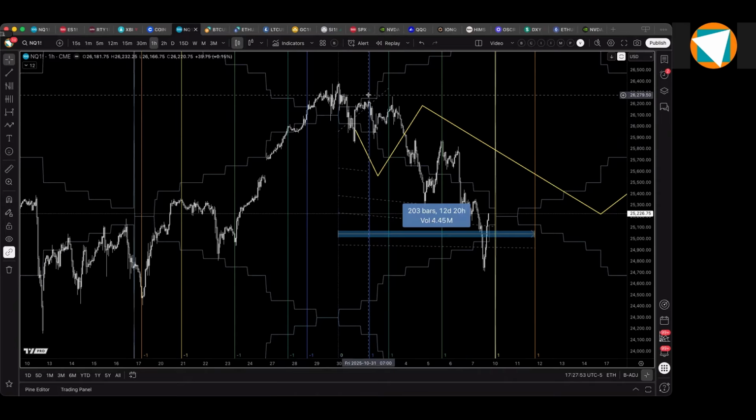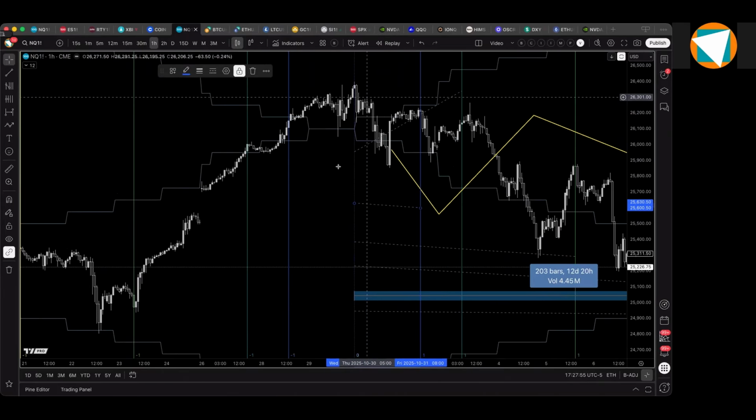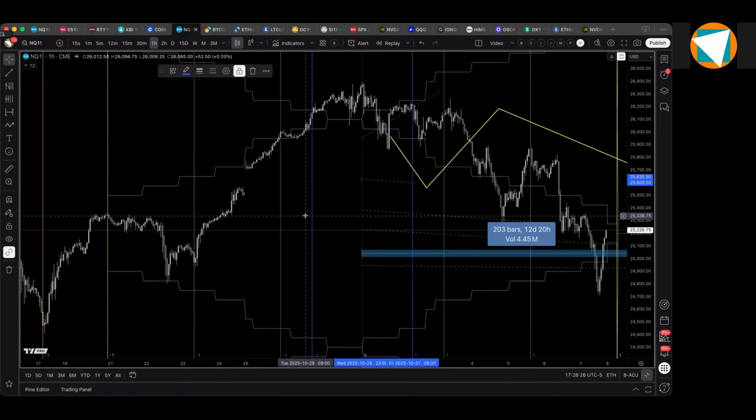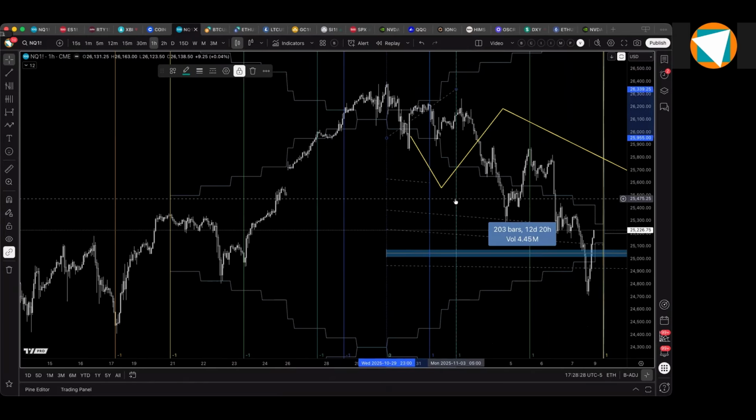And this identified a hit over here on October 31st, so it's off by 2 bars on the hourly chart. So it wasn't a direct hit on this high, but it came within 2 hours of a similar hit over here in the past. So that's the first set as we work our way outwards.